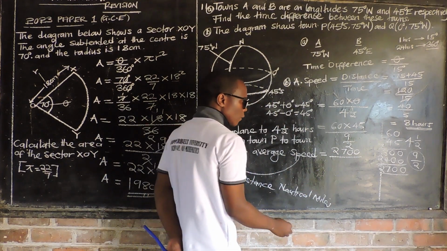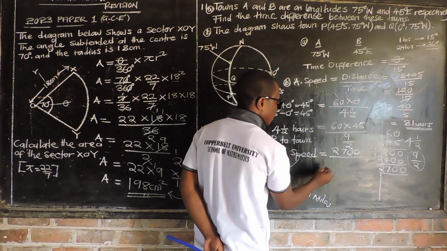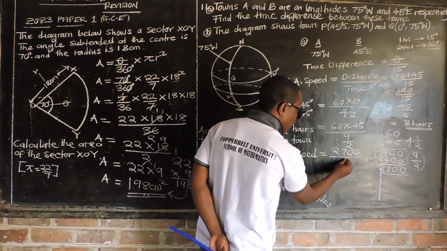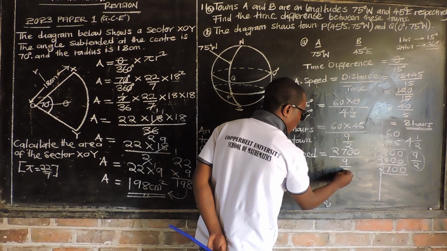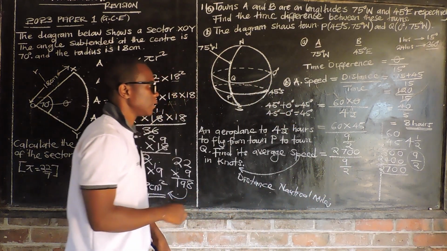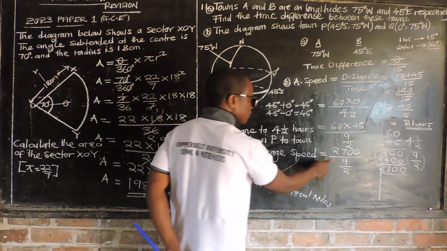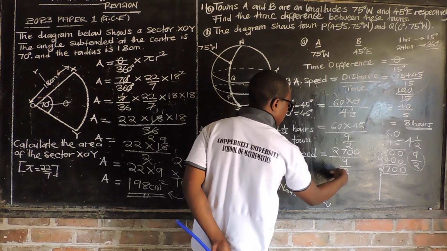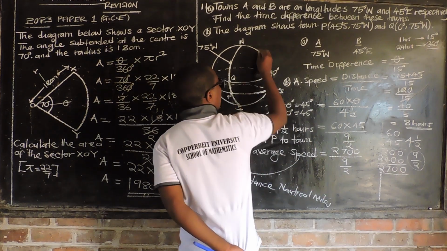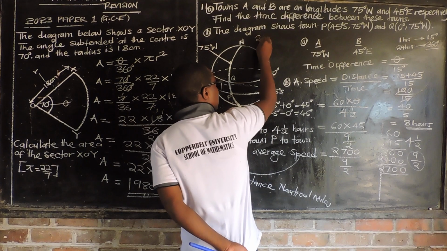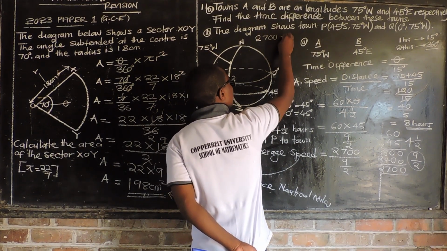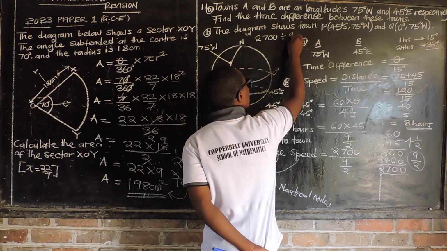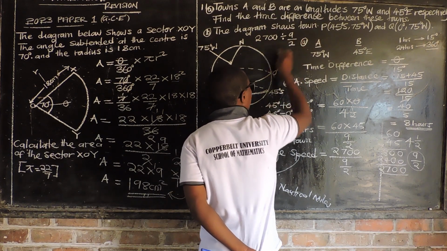Over 9 over 2. Now, this can also be written as 2,700 divided by 9 over 2.